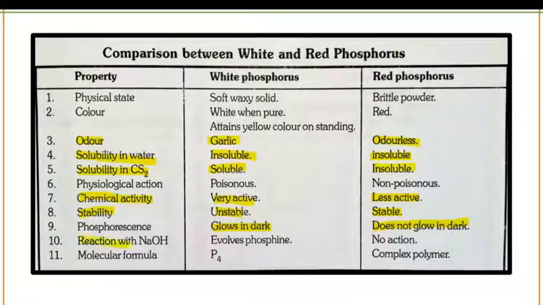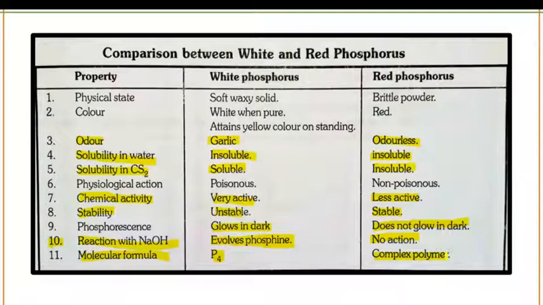Reaction with NaOH: when you react white phosphorus with NaOH, an alkali, it will evolve phosphine gas, PH3, while red phosphorus does not give any reaction with NaOH. Molecular formula for white phosphorus is P4 and in case of red phosphorus it is a complex polymer.